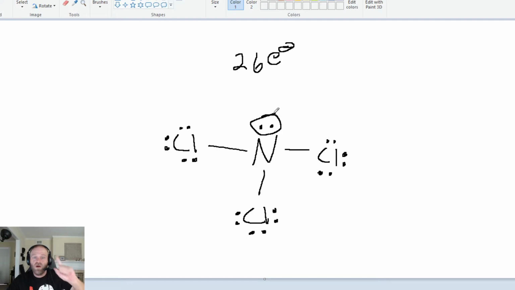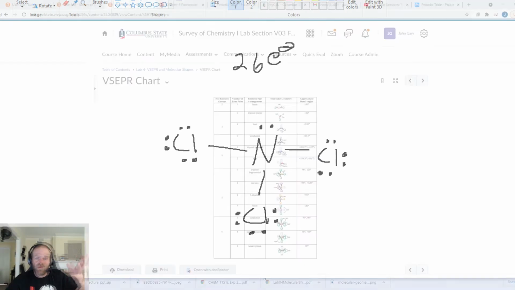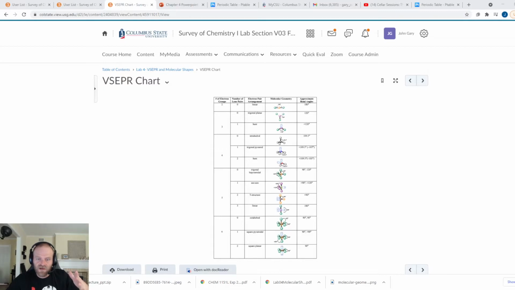So there's only one lone pair. A pair is two, correct? So let's go back to our chart. Sorry, I spent more time transitioning and doing my OBS stuff than I can. So 4 electron groups, 1 lone pair. You're going to have a trigonal pyramid.